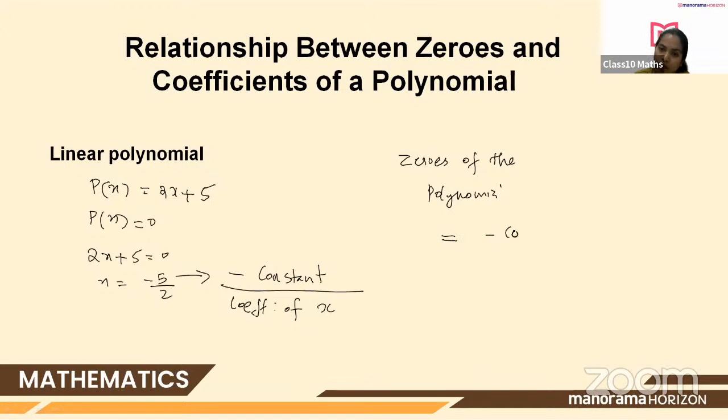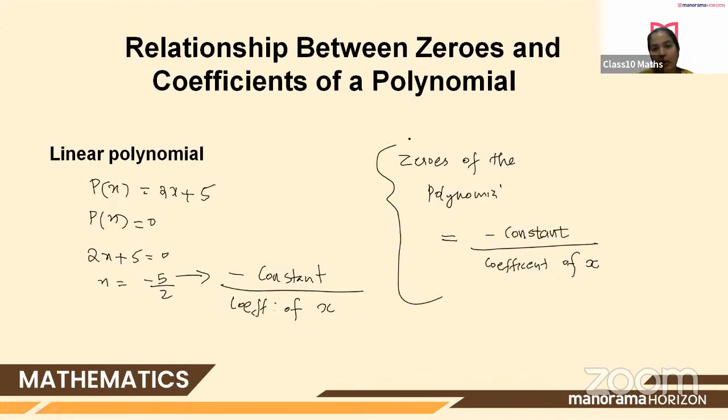Minus of the constant divided by the coefficient of x. So that is the zero of the linear polynomial. That is the relation of zeros and coefficient of a linear polynomial.